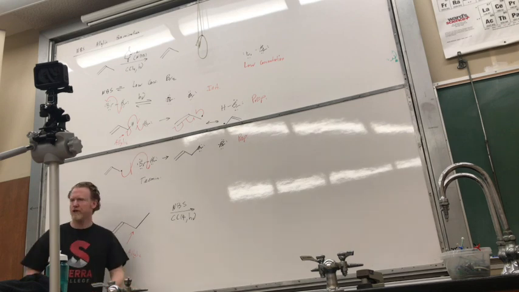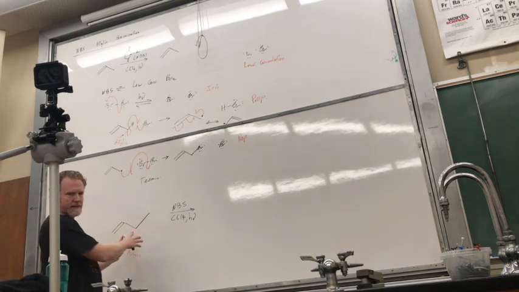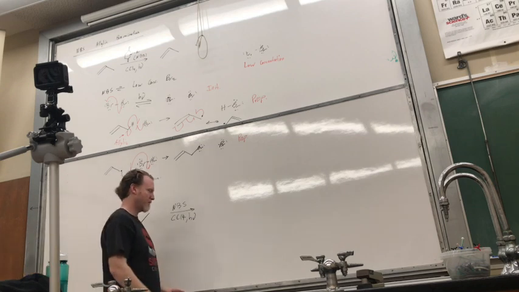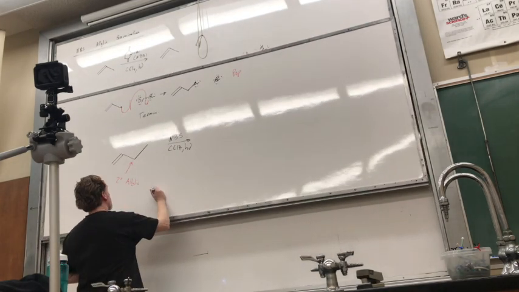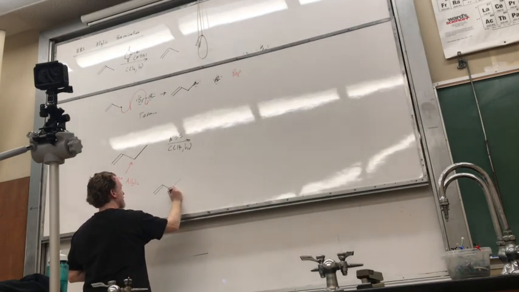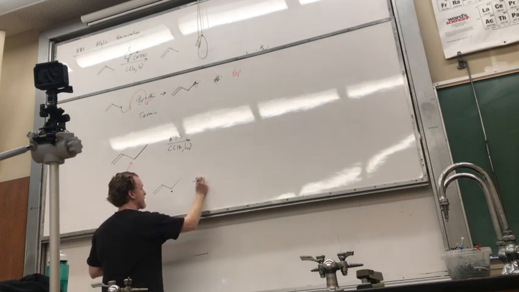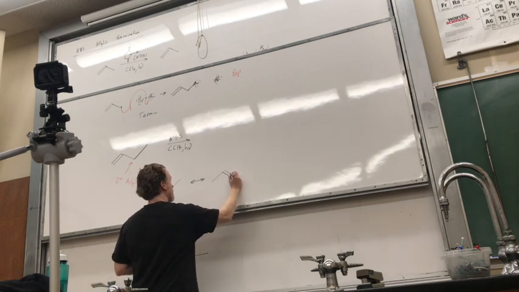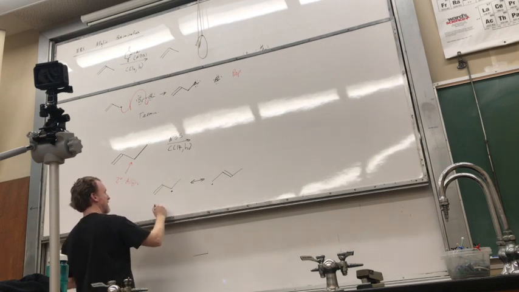So I'm going to just show you how I can get my products without doing the entire mechanism. But practice this mechanism. That might be a good one to have on the exam because it's reviewing the radical stuff again. So if I can imagine I get to this radical, and that radical has resonance, I can think of it this way, and I can also think of it this way.